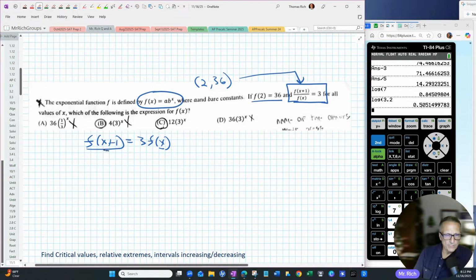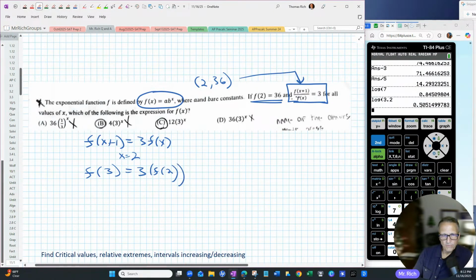Let's do it this way. I hadn't thought of this when I was talking about this to the student. But if I know that f of 2 is 36, let's let x be 2 in this equation. That would mean that this would be f of 3, 2 plus 1. That would be 3 times f of 2.